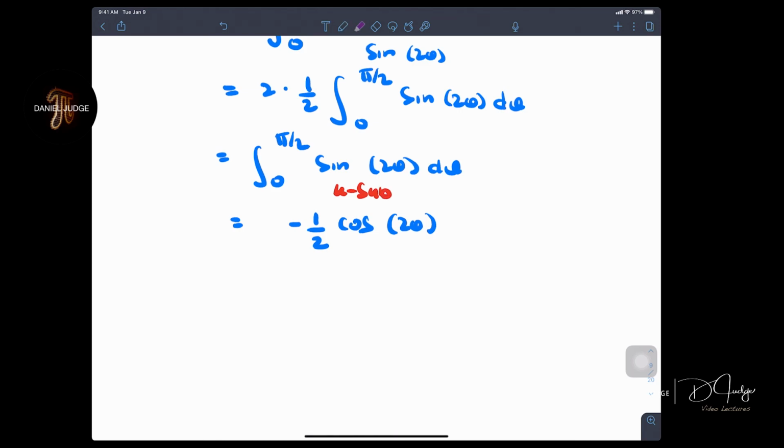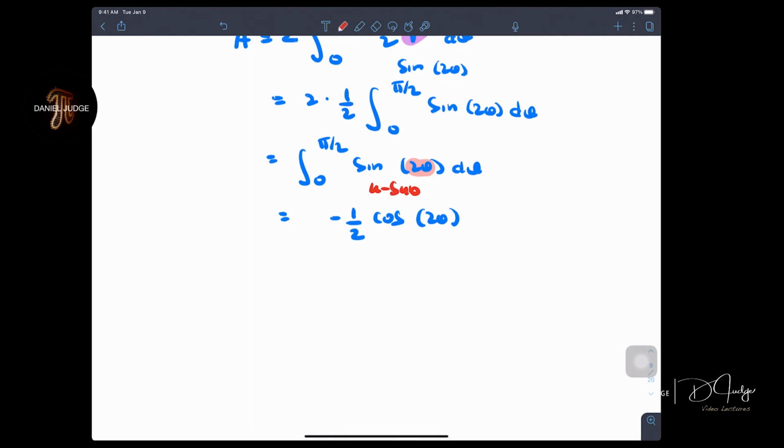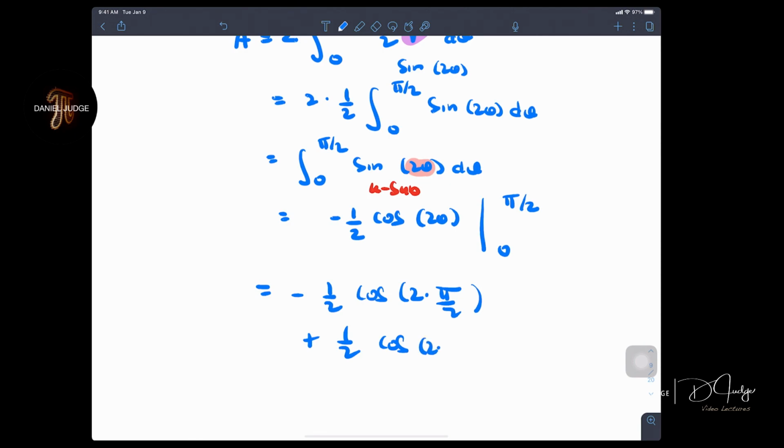And my u here is going to be 2 theta. So integrate this from 0 to pi over 2. Minus 1/2 cosine 2 times pi over 2 plus 1/2 cosine 2 times 0.